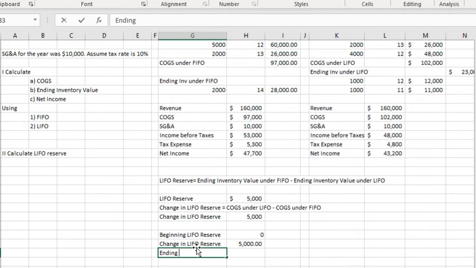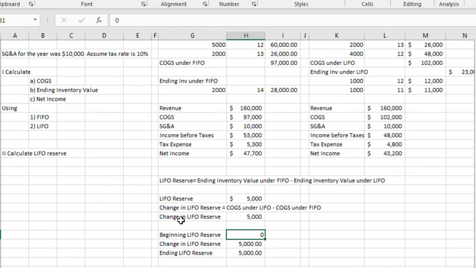Ending LIFO reserve is the sum of the two. So that's why we are seeing ending LIFO reserve being equal to the change in LIFO reserve, just because we just started the operations this year.